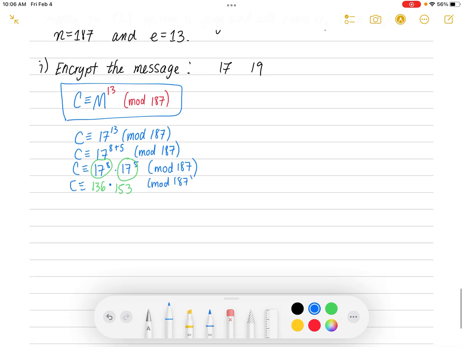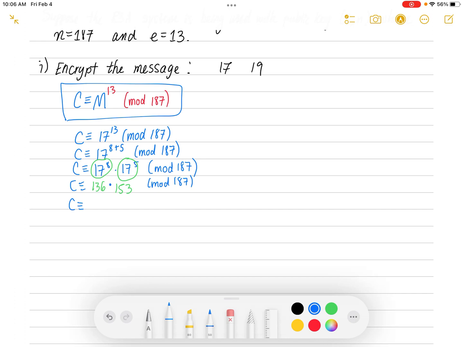Now this is all mod 187, so what I need to do is multiply the green numbers together here. 153 times 136, and I want to mod that by 187. That's 20,808. So I'm going to take 20,808 divided by 187, quotient of 111, and I want to figure out my remainder.